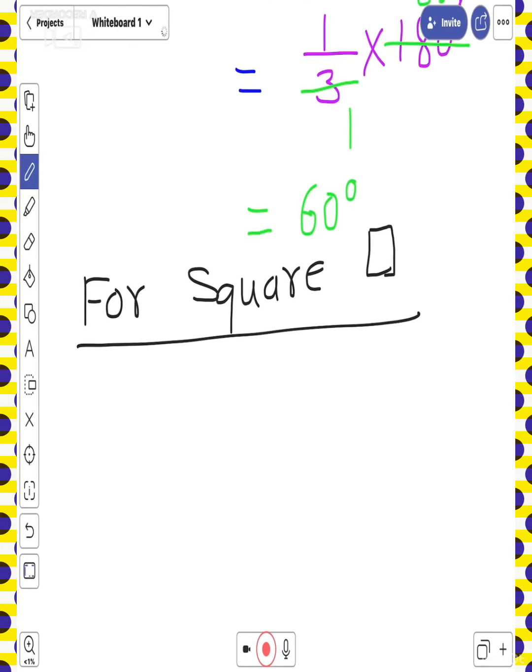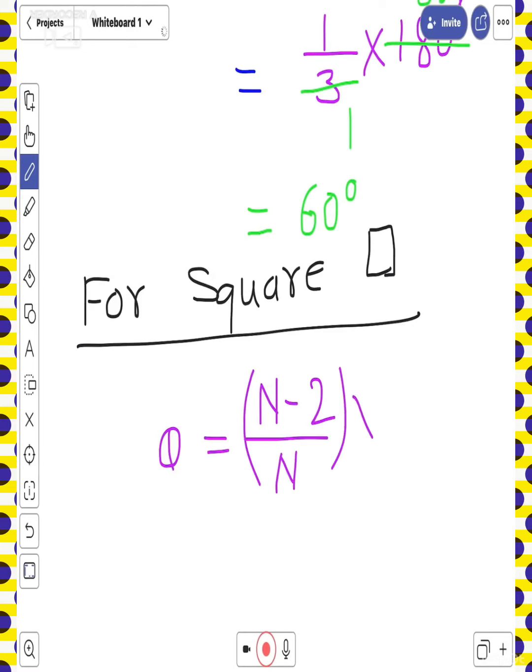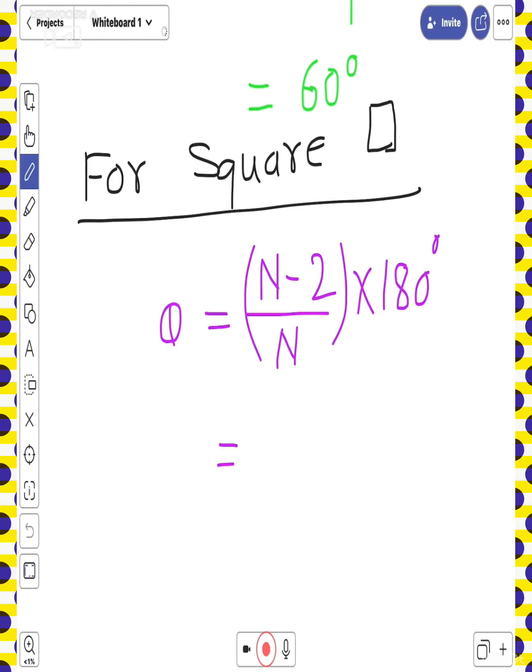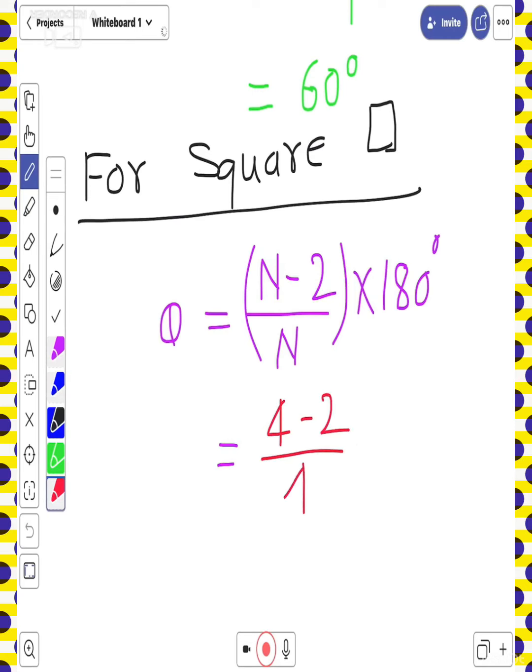So the formula, you know, is theta equal to (n minus 2) divided by n into 180 degrees. Placing the value of n, how many sides in the square? There are 4 sides, so (4 minus 2) divided by 4 into 180 degrees.